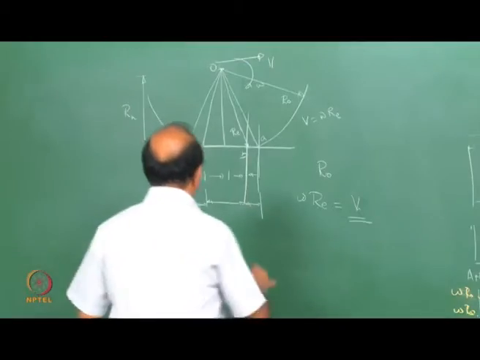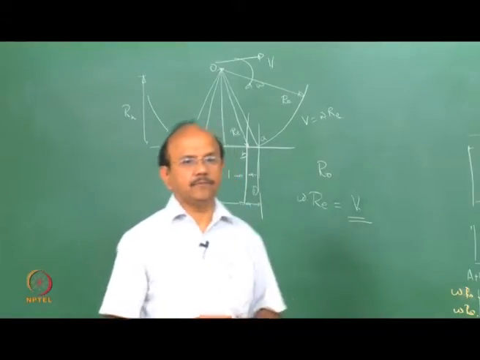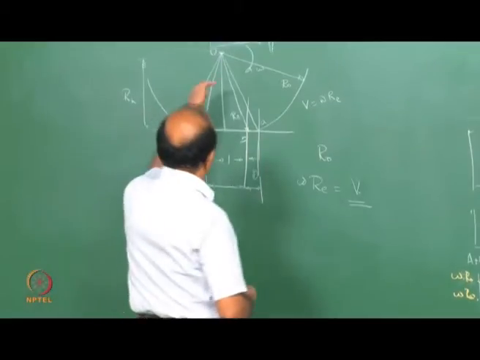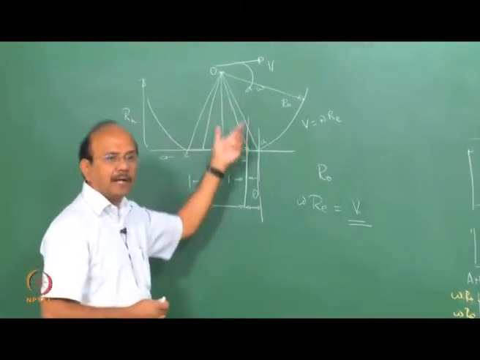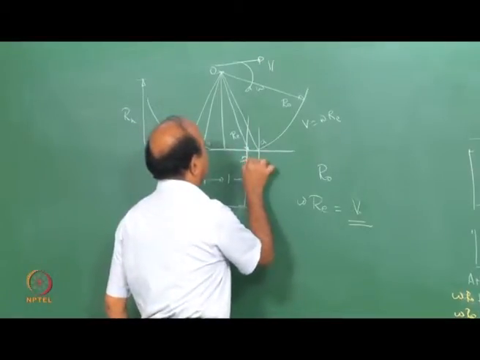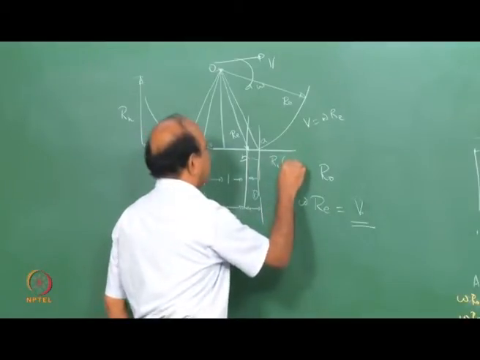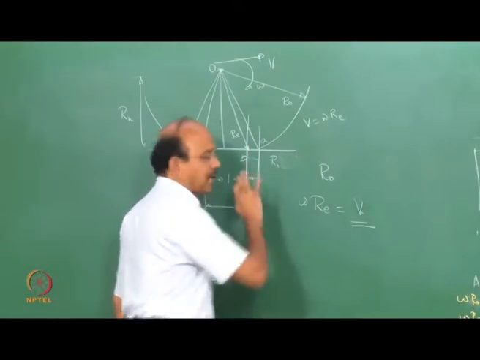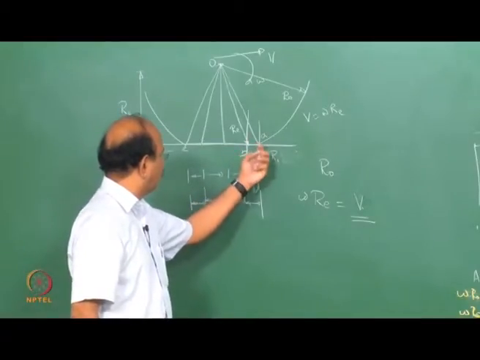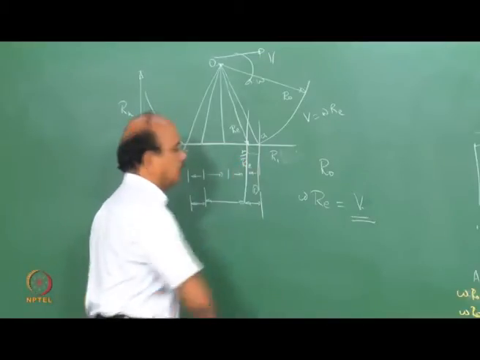In region 1, since the radius is greater than RE, the velocity calculated as omega into R, let's call the radius here R1, which is a function of s. That is the changing radius as I move from A to B. At B, of course, it is RE.